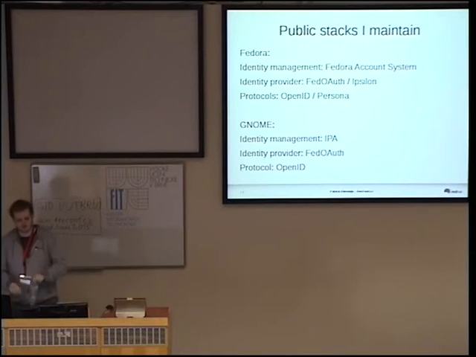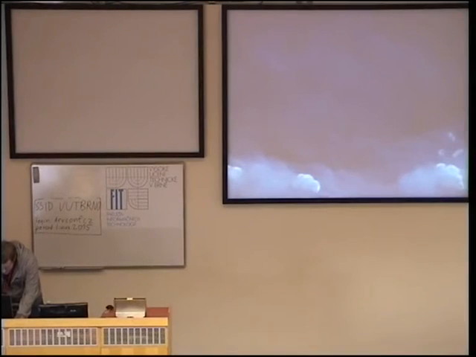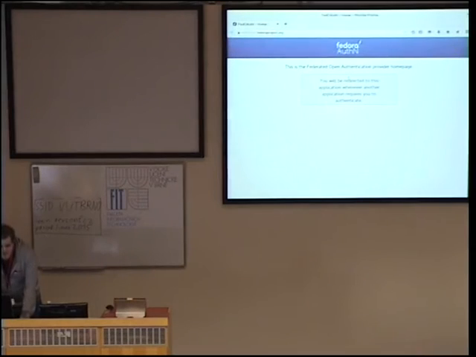And internally we use OpenID and Persona. Have any of you ever seen this? For those who don't know, have any of you seen this ever? Because this is the Fedora identity provider that we use.